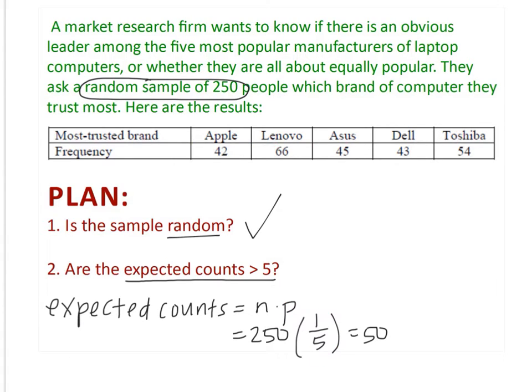So the expected counts are 50, which are greater than 5, so that condition's met. So the expected counts come from the sample size times the probability that that category is chosen, which in this case would be 1 out of 5 because there were 5 categories.